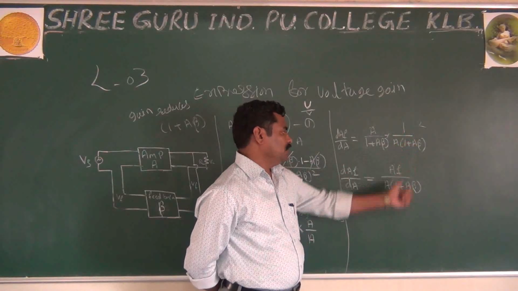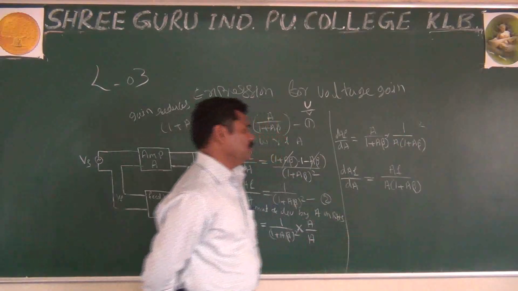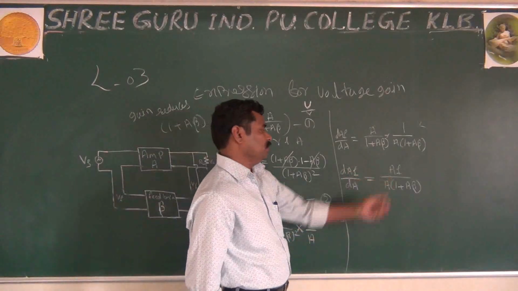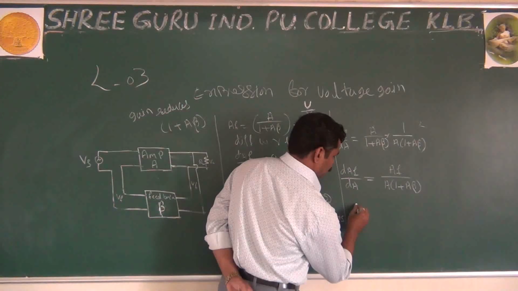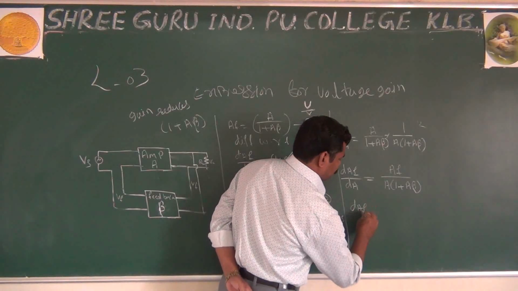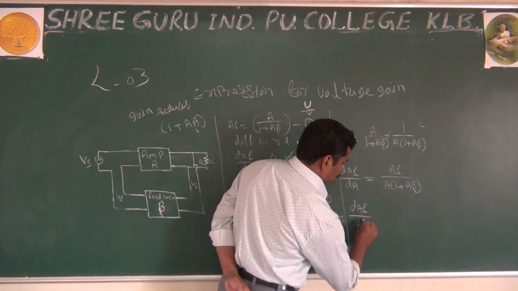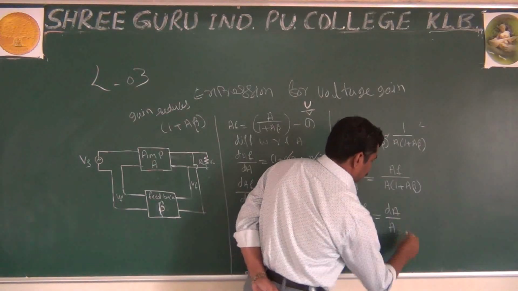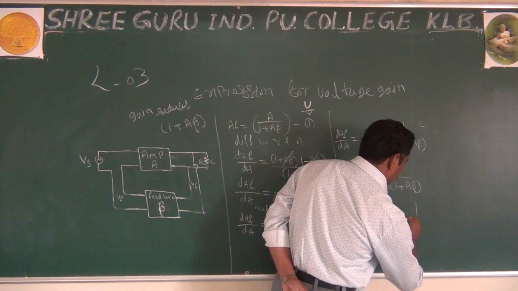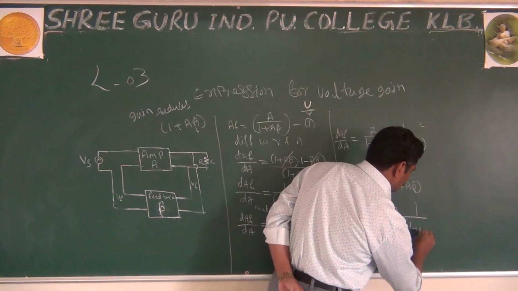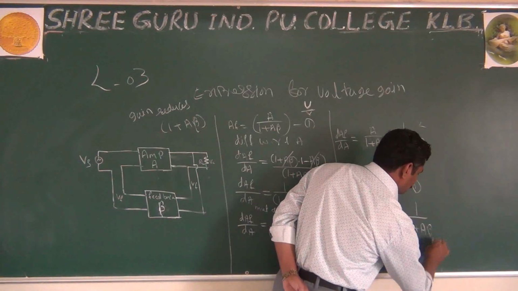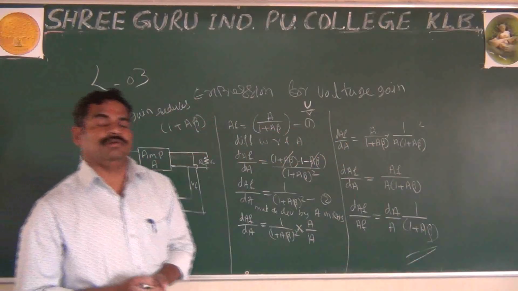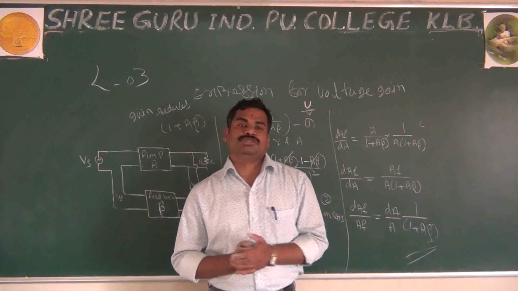This 1 divided by 1 plus A beta as it is. And this we can simplify, and we take the same terms on the same side. That becomes dAf by Af equal to dA by A into 1 divided by 1 plus A beta. This is the simple way of your small derivation.